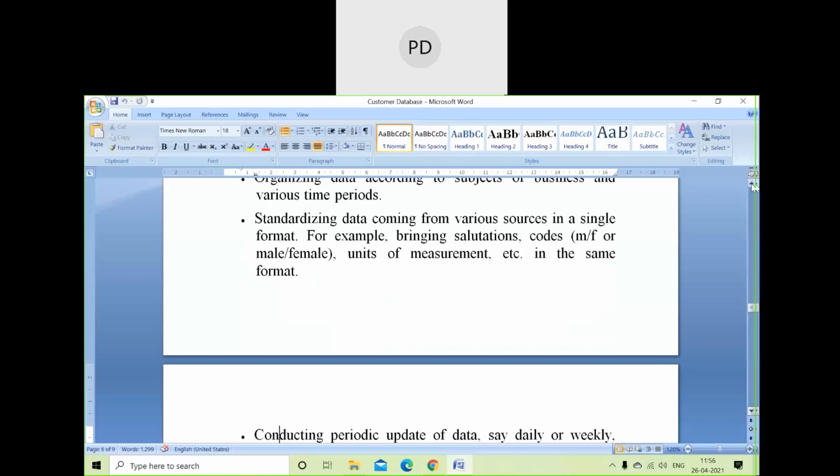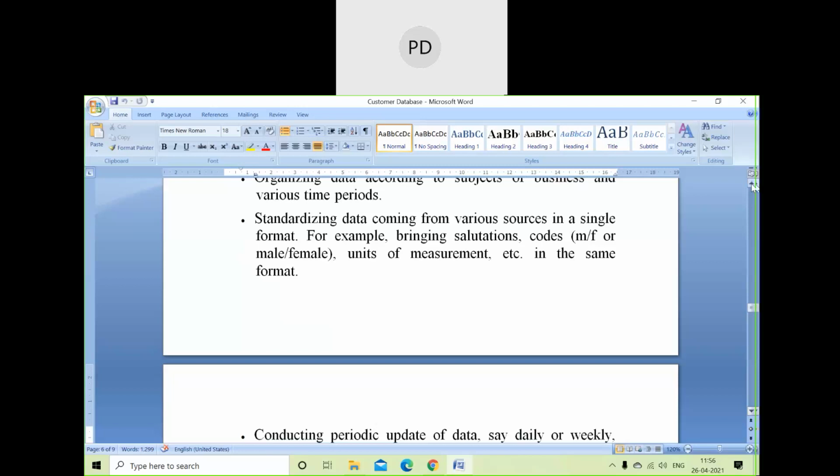Now what do you mean by standardizing? For example, you are entering data for male. What sign are you going to use? M for male, and F for female. You are not going to write male and female in full for the patient.